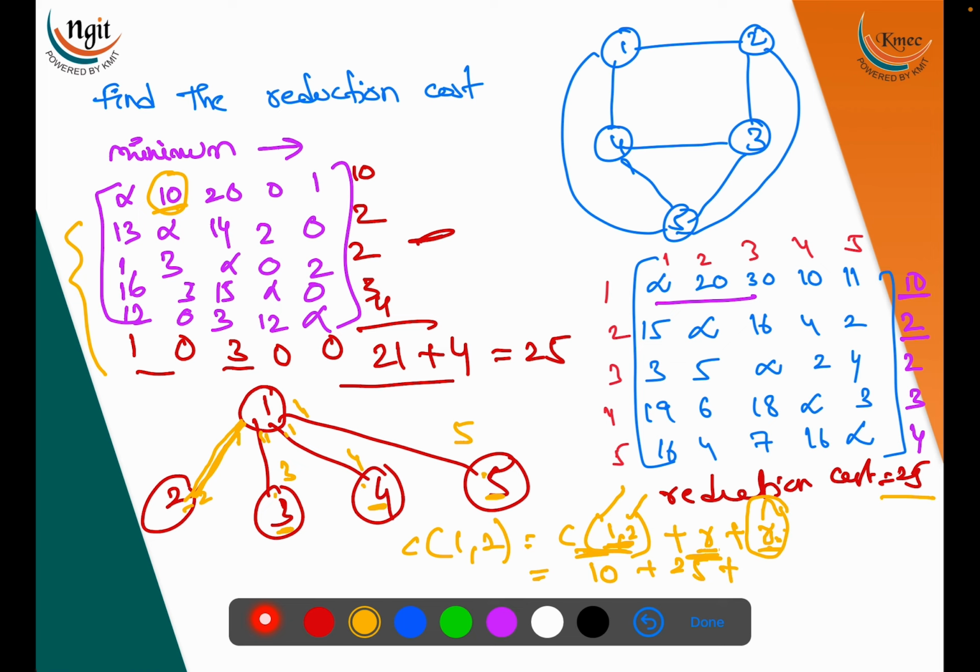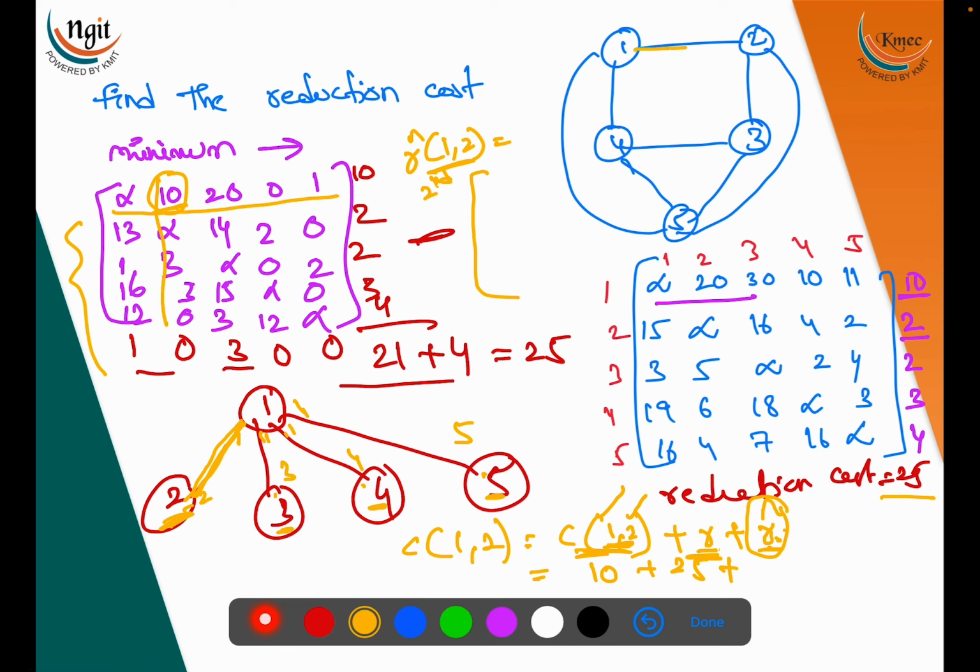Yes, now we'll see how it works. If I find out the R cap, that is R cap 1 comma 2, the reduction cost for this, that means I am calculating the second node value, the second node matrix. So what is the second node matrix reduction cost? Make infinite of these values and make infinite of this value.